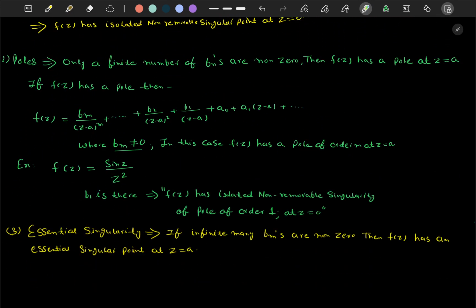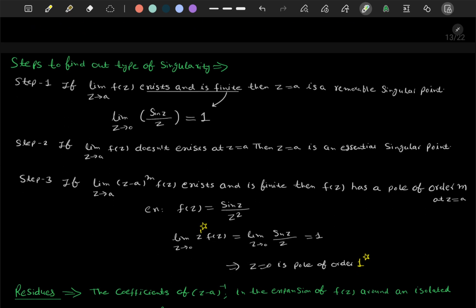To identify it, you take the limit as z tends to a of sin z by z. Now in the next process, if the limit does not exist at z equal to a, then z equal to a is an essential singular point.